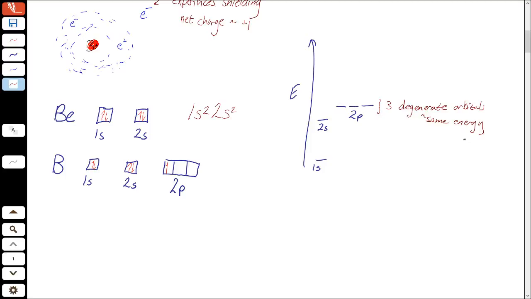All right. Now that's the 2. So in the n equals 2 level, L can be 0 or 1. So we've exhausted those 2 possibilities now with all the electrons. So if we get another electron that doesn't fit in those, we have to move up to the 3rd quantum level, where we're going to have the 3s and the 3p.